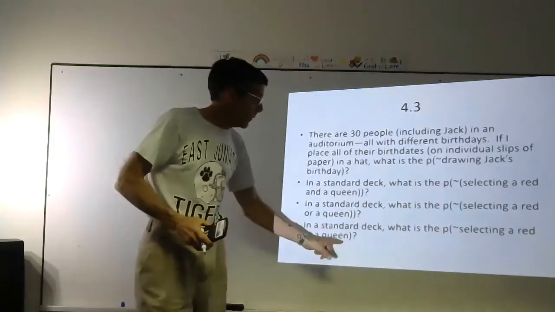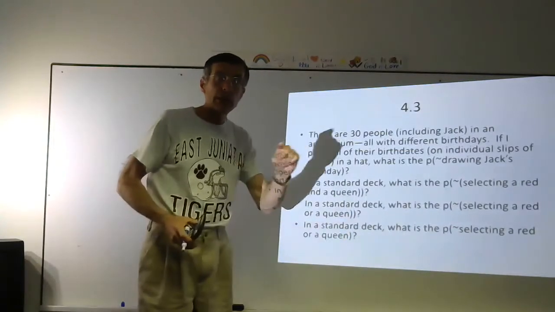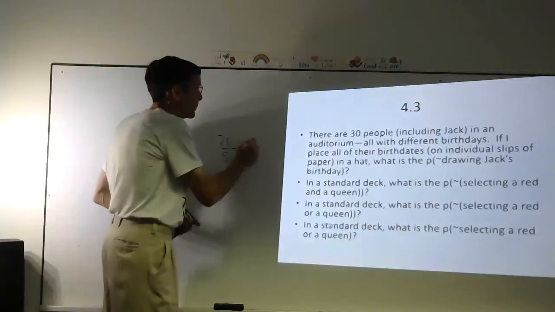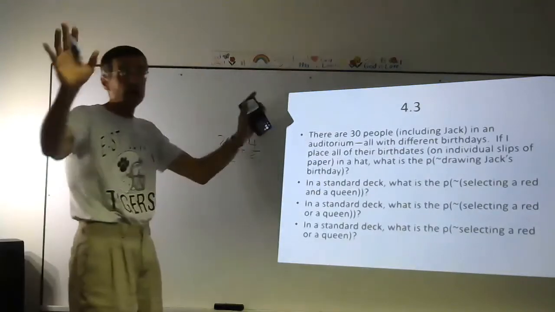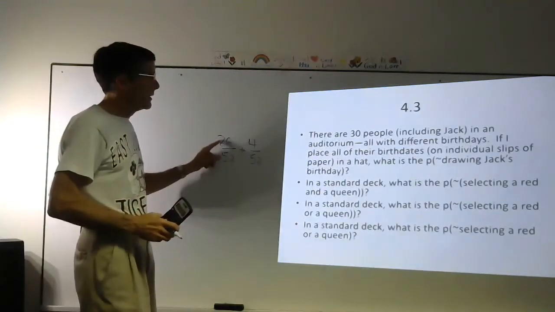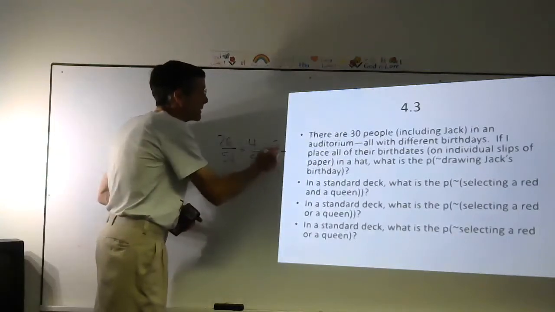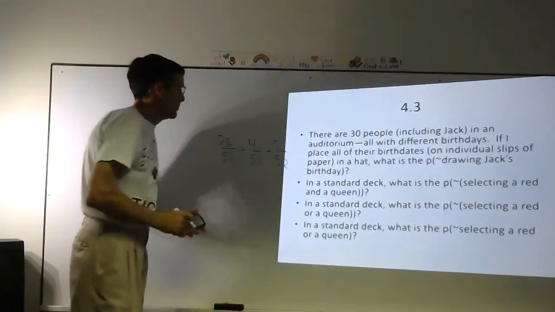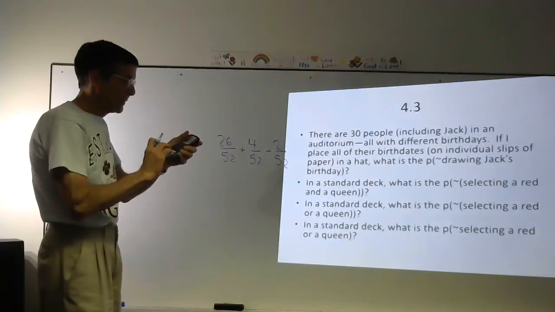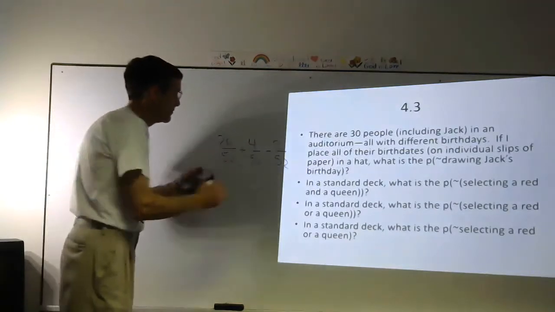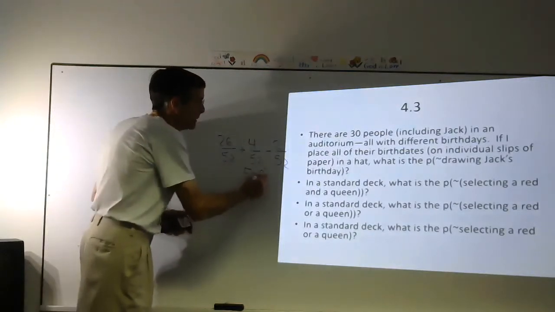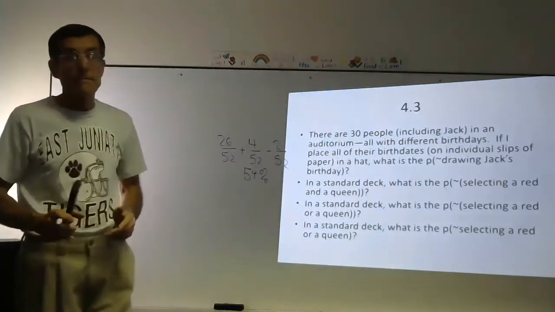Or getting a queen. There's a queen in each suit. Is that not 4 out of 52? But hold on. We counted the 2 black queens here and also here, so we have to subtract. 28 out of 52, I think we just did that one, is about 54% chance. Okay?